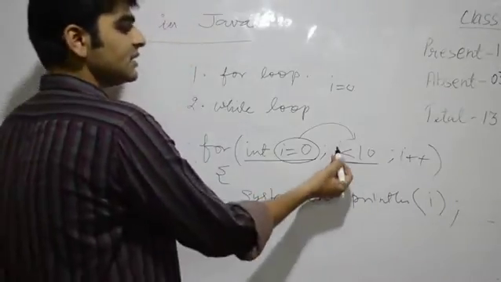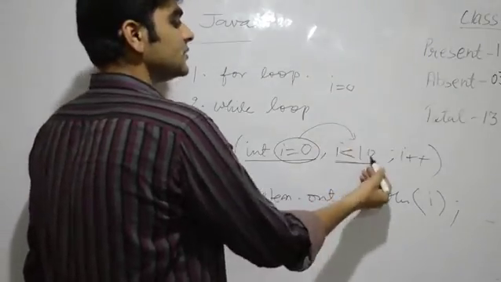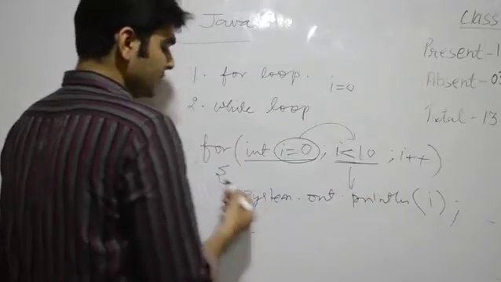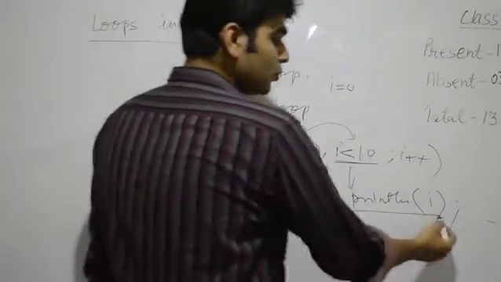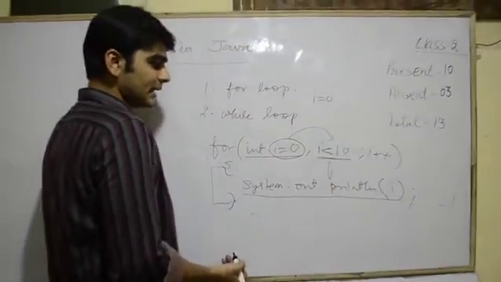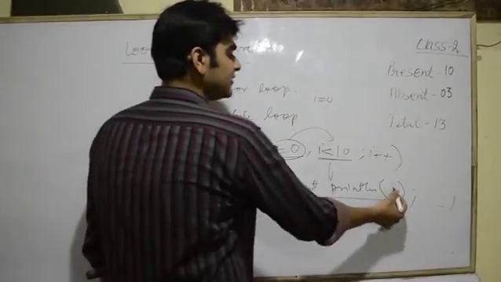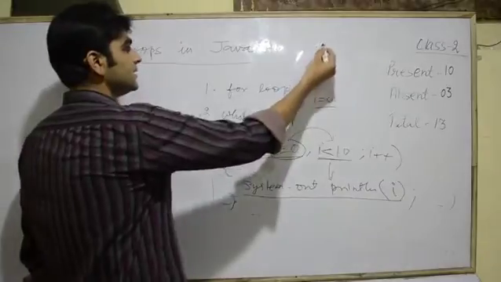In this case it will check whether i is less than 10. So i was 0, that means 0 was less than 10. It will come inside the body of the loop, and whatever is written inside the body is executed. So we have System.out.println(i). That means print on the screen the value of i. The value of i is 0, so on the screen 0 will be printed.